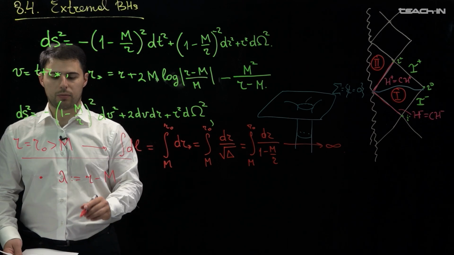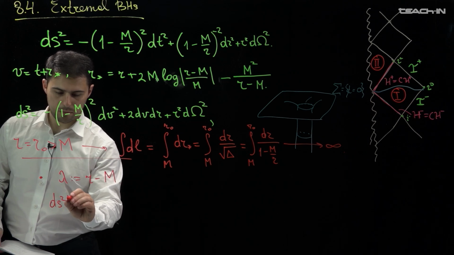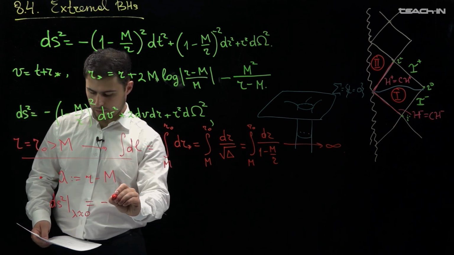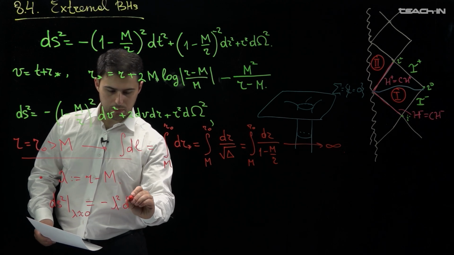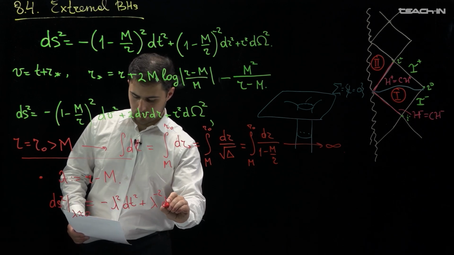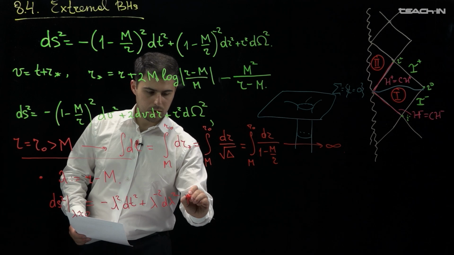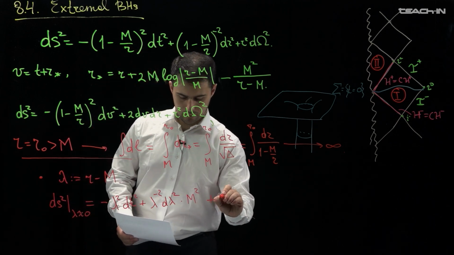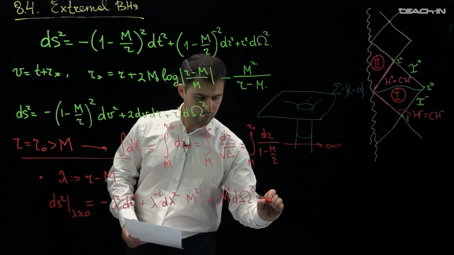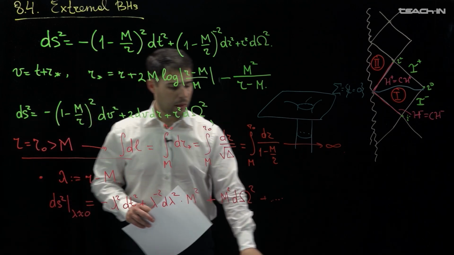Then, to the leading order in lambda, the geometry is as follows.